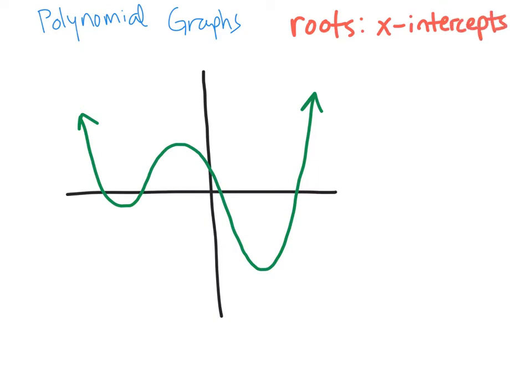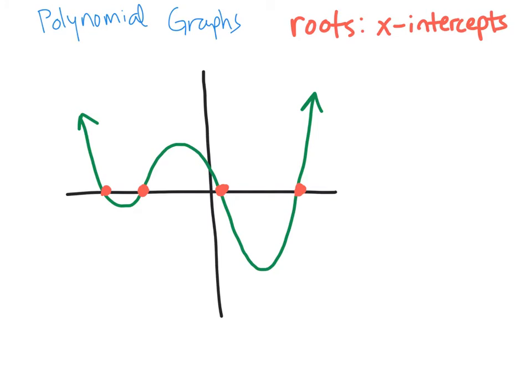So on this particular graph right here, I have 1, 2, 3, 4 roots. And your roots are usually going to be equal to the degree. So if I have 1, 2, 3, 4 roots, that usually means it's a 4th degree function. So the biggest exponent is going to be x to the 4th.